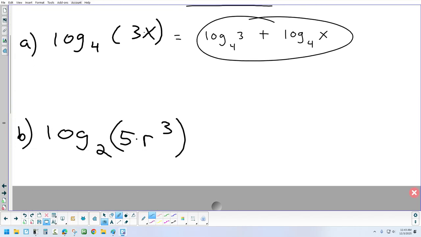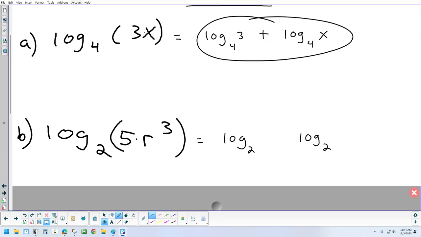Let's try this one. How many logs is that going to split up into when we break it apart? Yep, it'll be 2 logs again. What will be the base on each one of them? Yep, same as the base you started with.